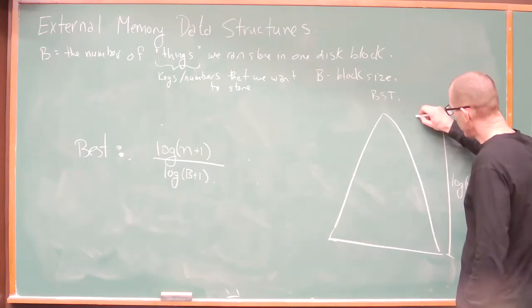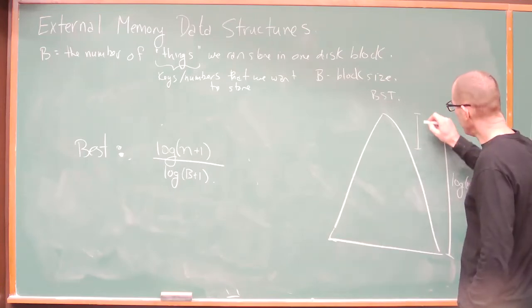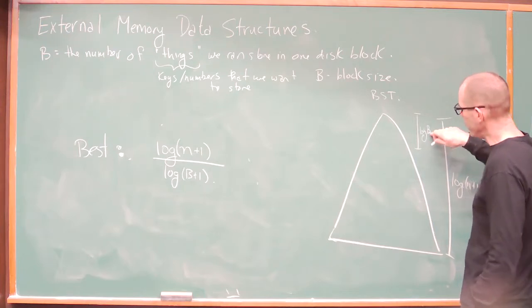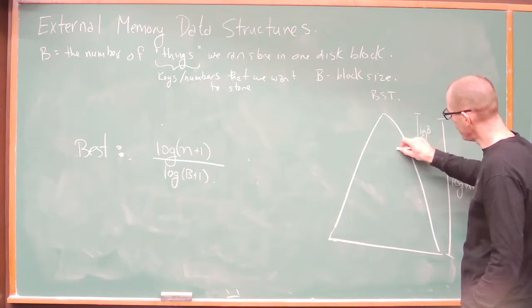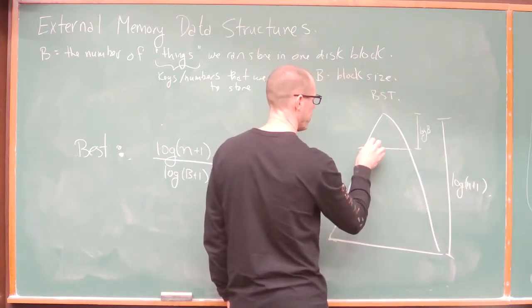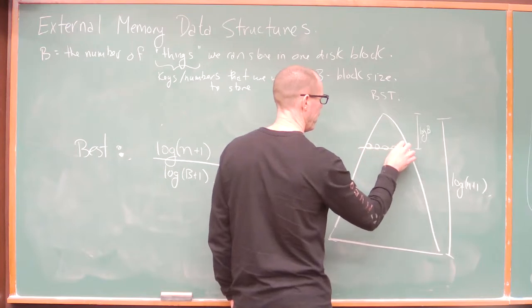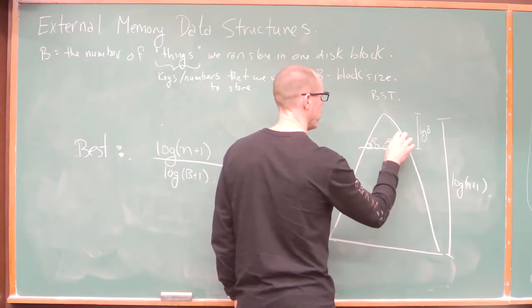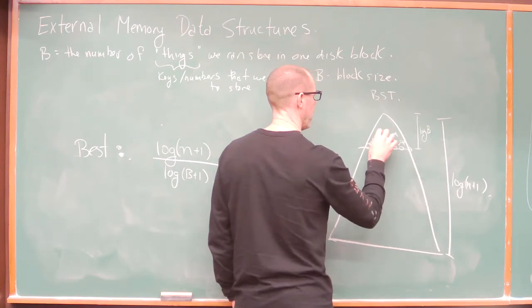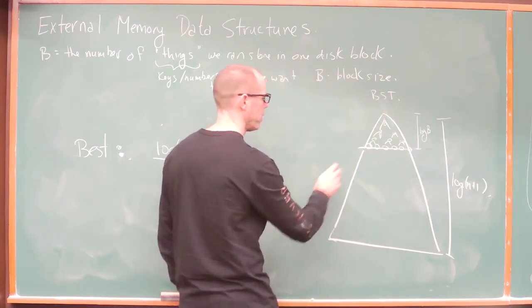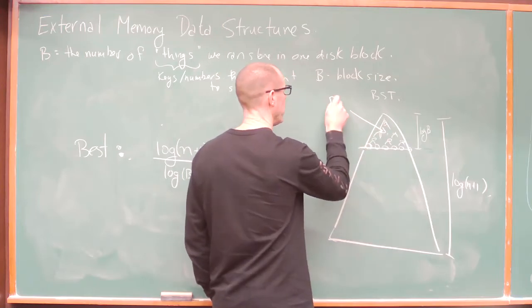So if you take roughly the first log base 2 of B levels of the tree, then you have about a total of B nodes in those first log of B levels. So there are B nodes here.